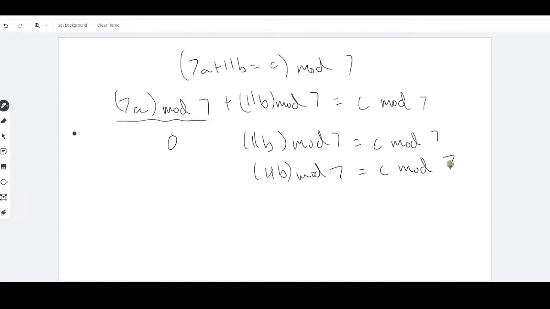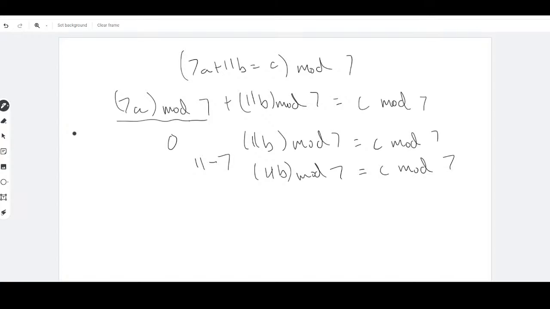What we did there is we took 11 minus 7. Basically, if you have anything multiplying by each other, like 11 times b here, and we're taking it all mod 7 in this case, we can also choose to take the mods of the individual components.